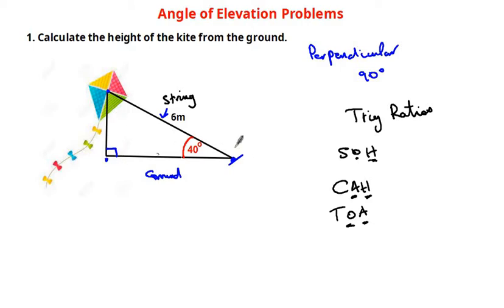If you look at this triangle, these names will come out. This side is the opposite side, because it is opposite to the 40 degrees. This side is called the hypotenuse, HYP, because it's the longest side. And this side down here, the ground, is called the adjacent, ADJ.